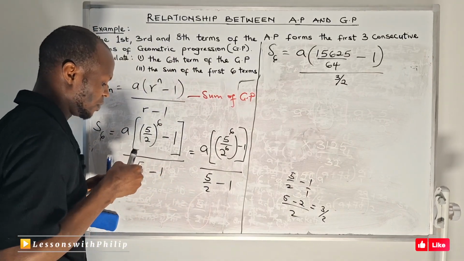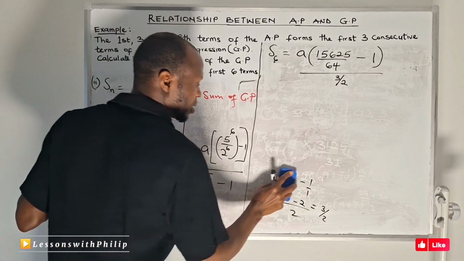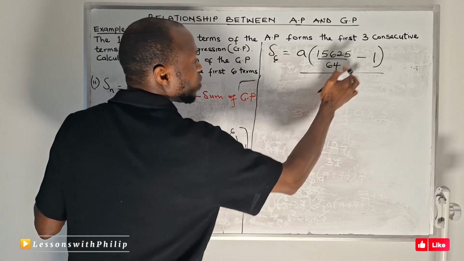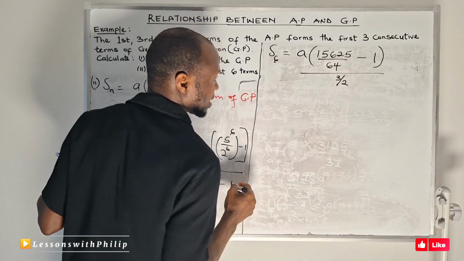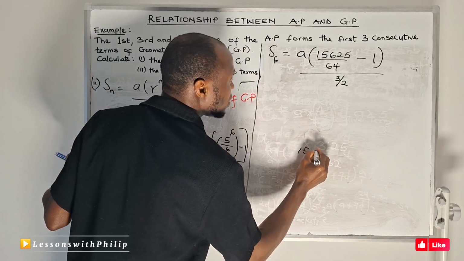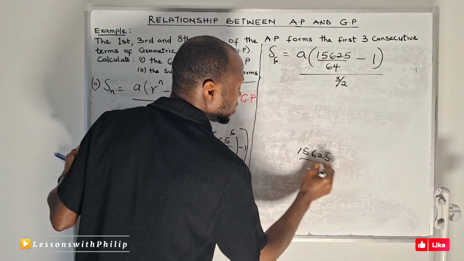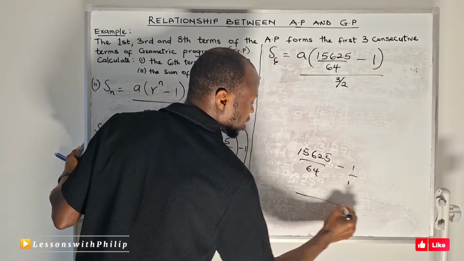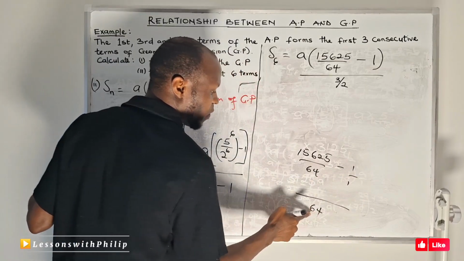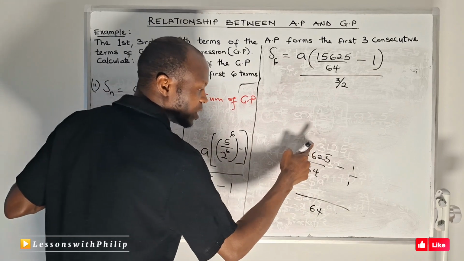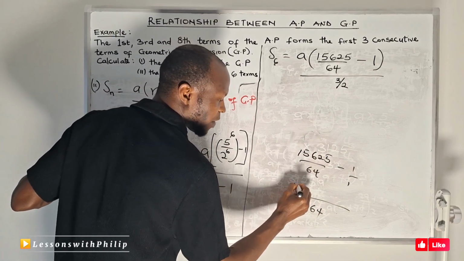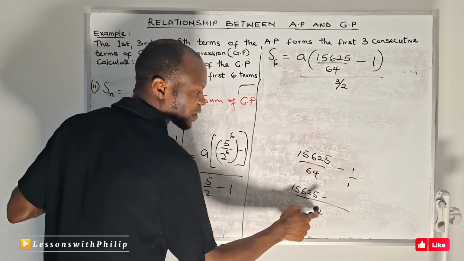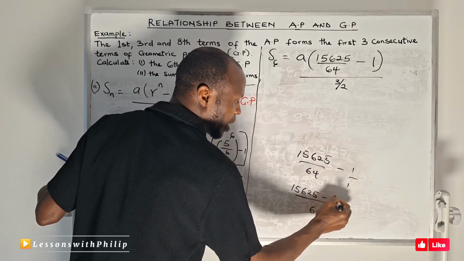Now, from this, we know that we can find the LCM of this bracket. We have 15625 divided by 64 minus 1. If you find the LCM, your LCM will be 64. 64 in 64, 1. 1 times the numerator will give me 15625 minus 1 in 64. 64 times 1 will give me minus 64.